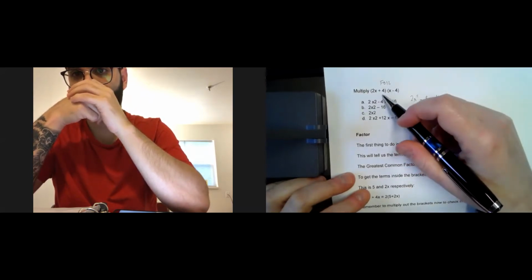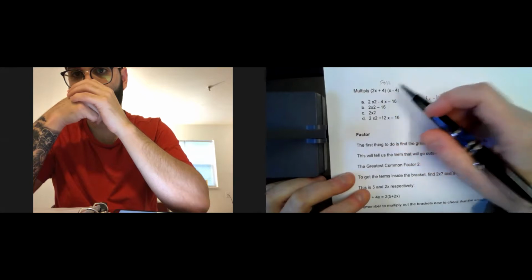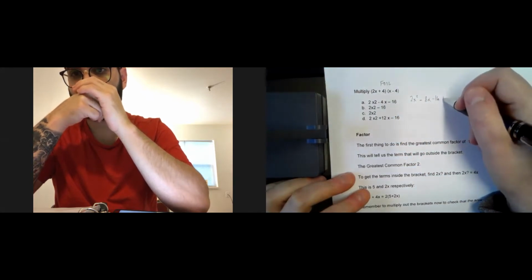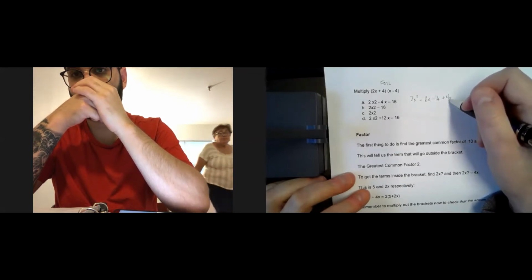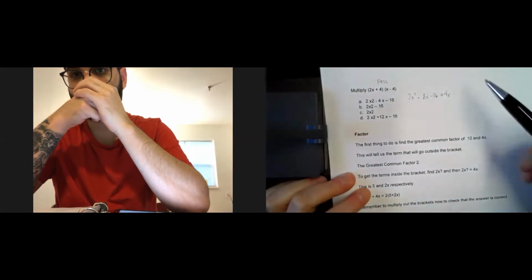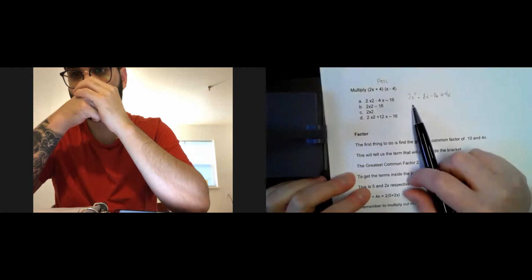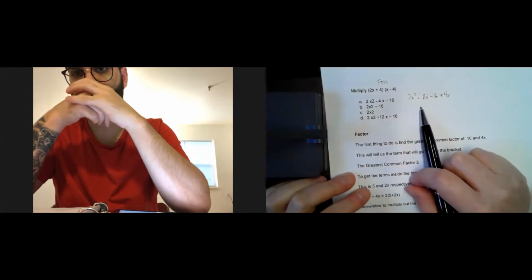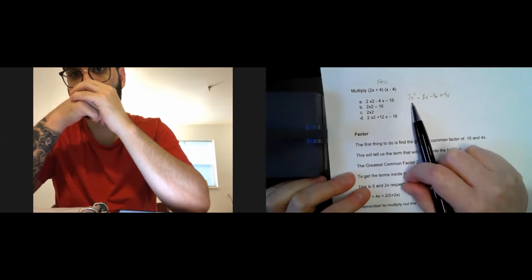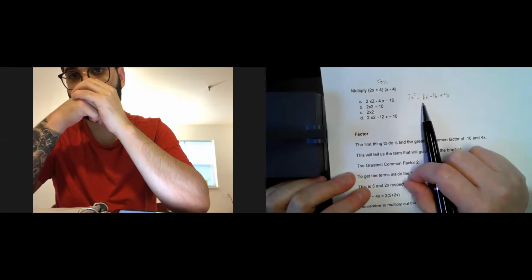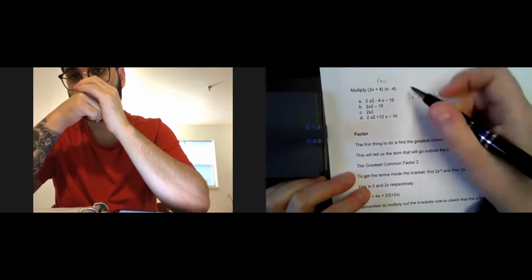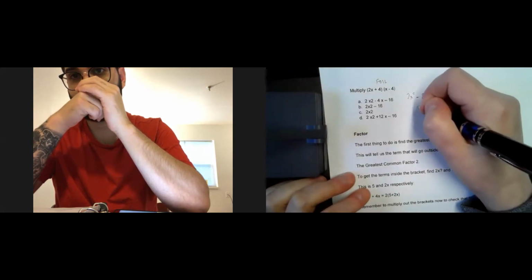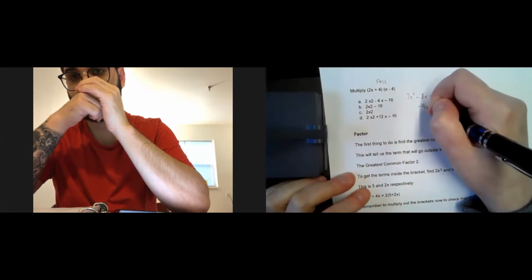I didn't do the inside. 4 times x is 4x. So I did these a little out of order because I didn't do the inside. All right, so we're gonna break this down and just basically simplify it. 2x squared. We can't do anything with that because that's correct the way it is. Negative 8x and 4x would be 4x, right?